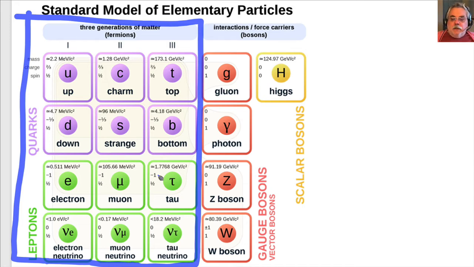And the mass increases from left to right: smaller, medium, large. However, there is no nice formula for calculating the masses. The masses are a mess, and they are what they are.